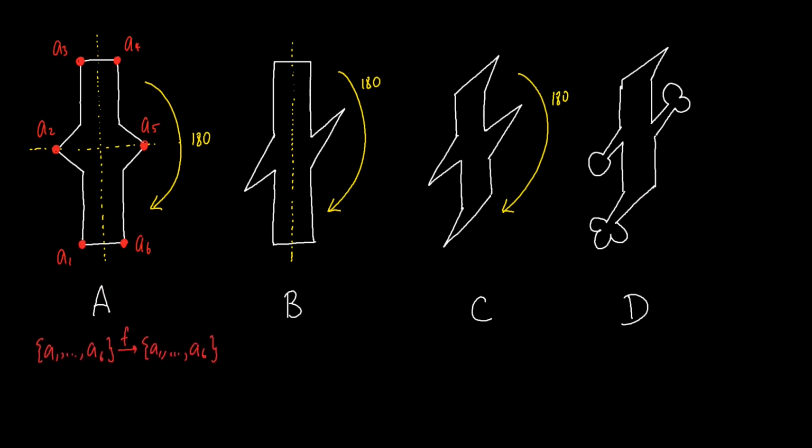It should preserve the distances between the points. So the distance between Ai and Aj must always equal the distance between f of Ai and f of Aj.